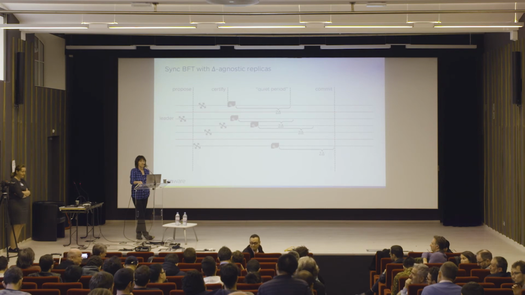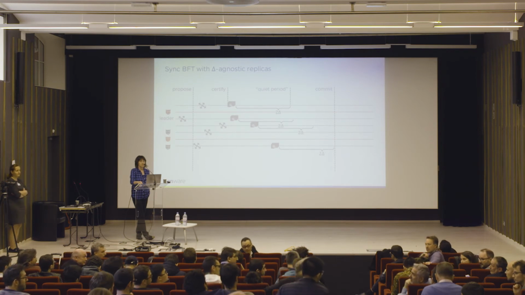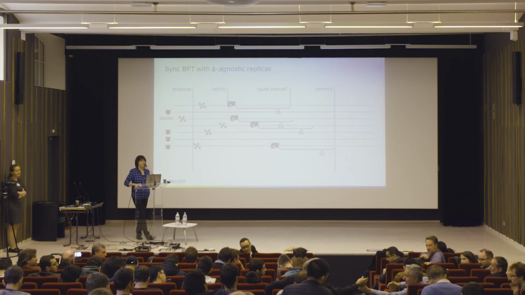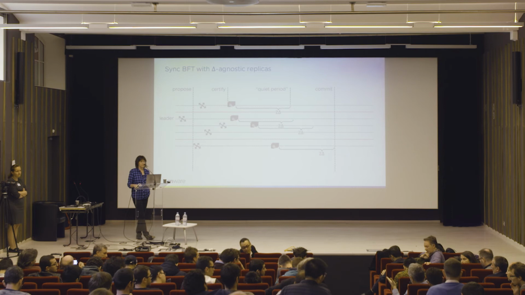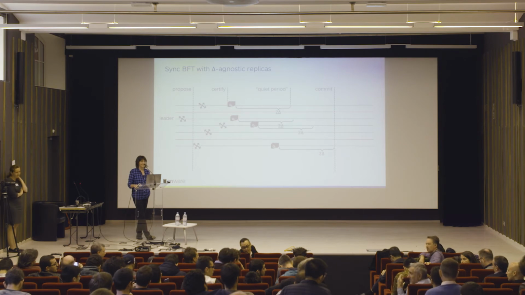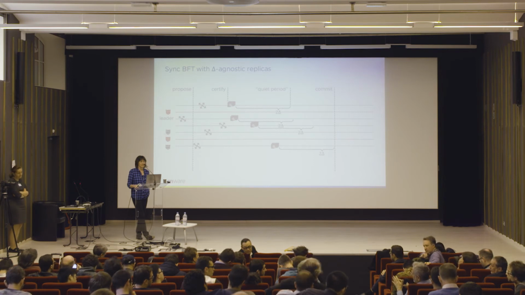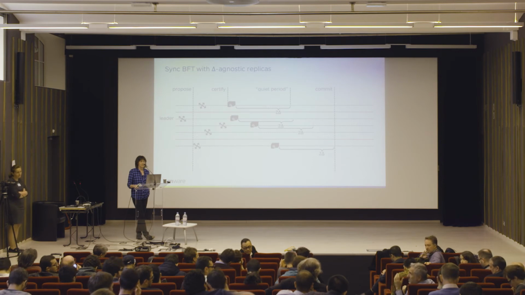There is this system called Algorand, by Silvio Micali. Essentially, in every round or every epoch, they elect a committee, randomly, with something like a lottery.